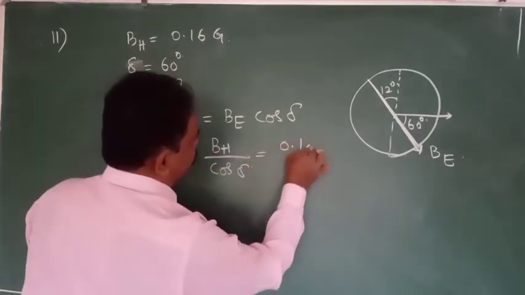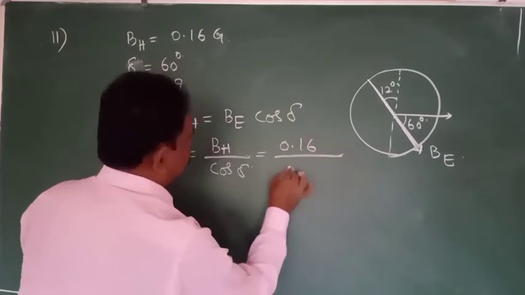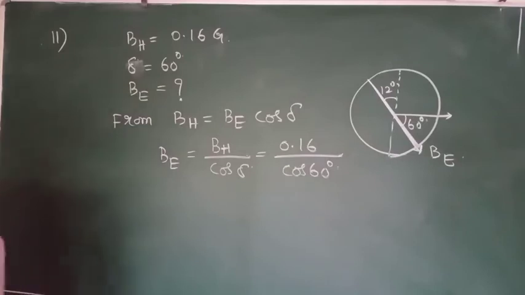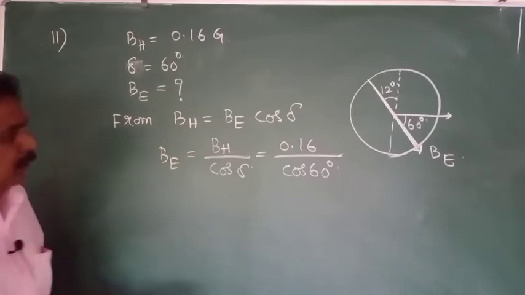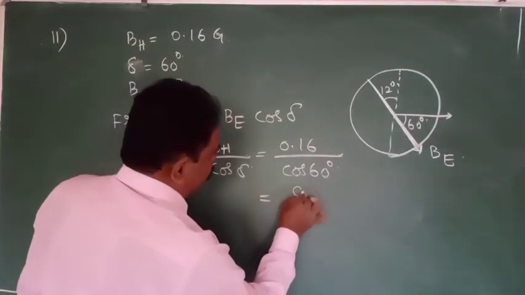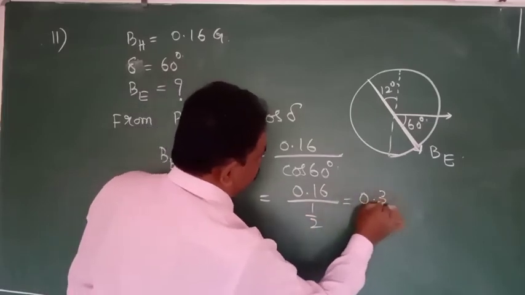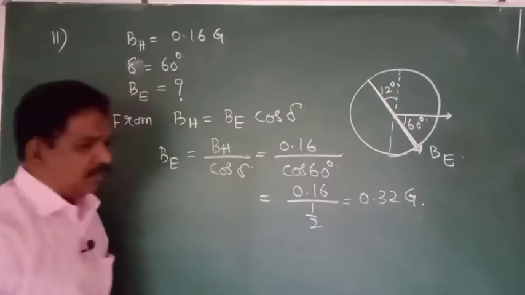BH value will be 0.16. This value will be cos 60 degrees. So finally, how much will we get? 0.16 by 1 by 2, 0.32 Gauss.